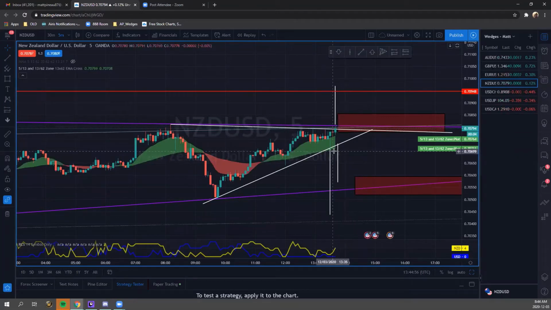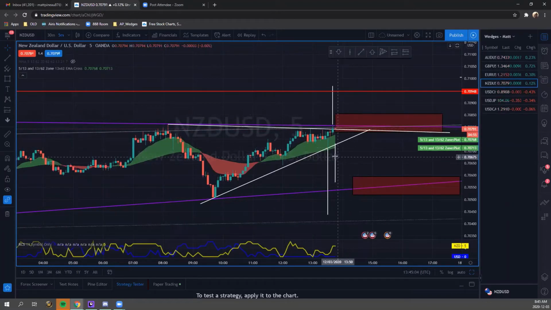Reality is if you enter here, your stop loss could be down here on the other side of the wedge. Because if it does go down there, it's done. Don't stay in it, because it can just as easily come all the way down here and take you out for 30 pips. This is 30 pips to the bottom here.